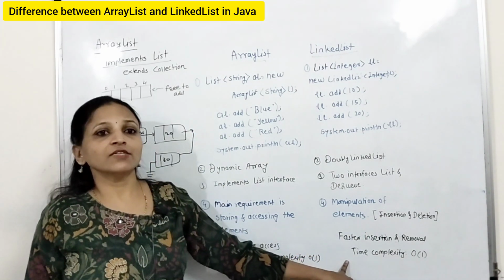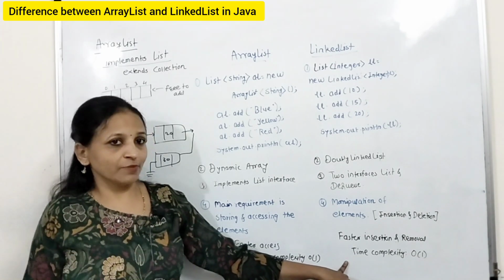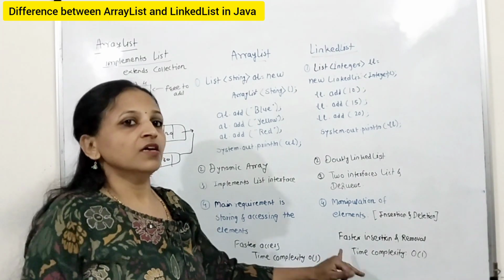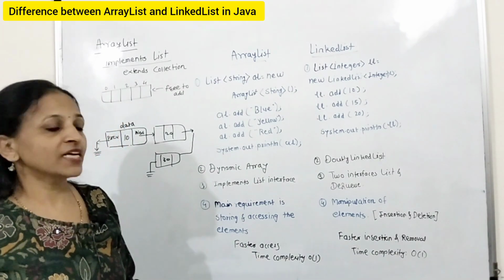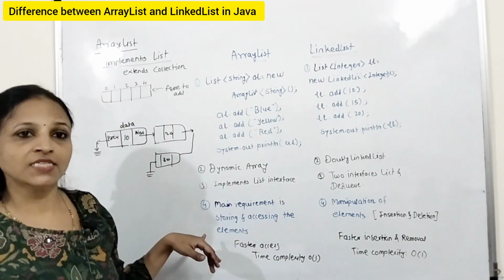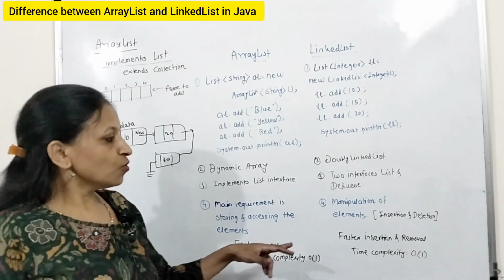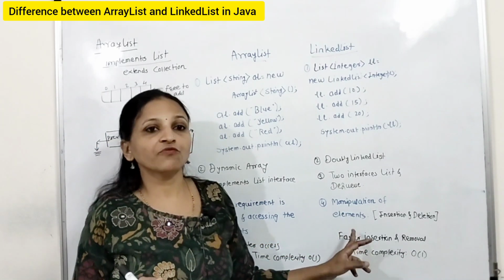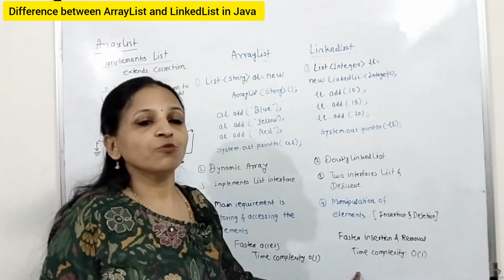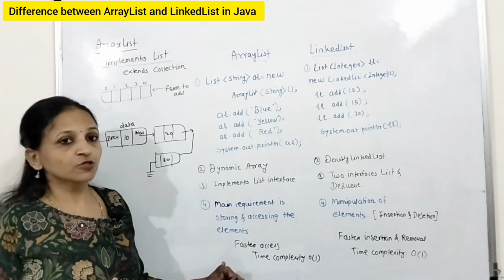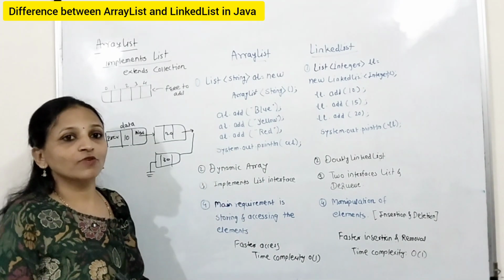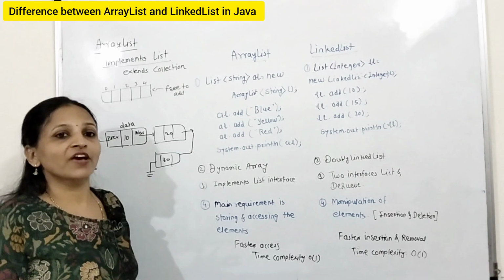Time complexity for linked list insertion and removal is O(1). Again, if you want to access any particular element, you have to traverse through the whole list till that element. So for traversing or random access, the time complexity will be O(n) in case of linked list. In case of array list, for insertion and removal, time complexity is O(n).